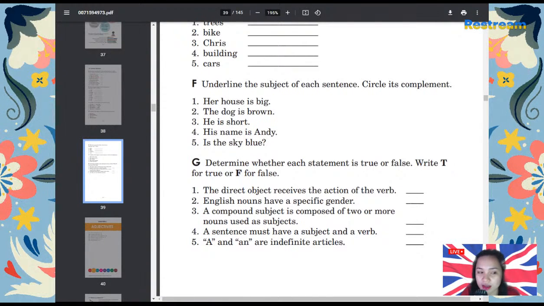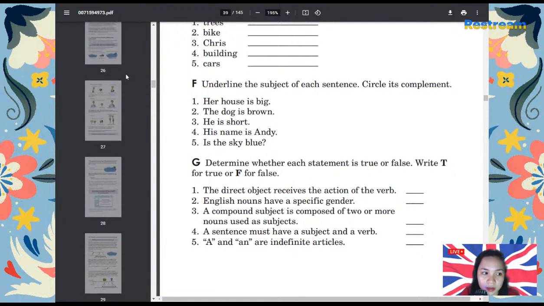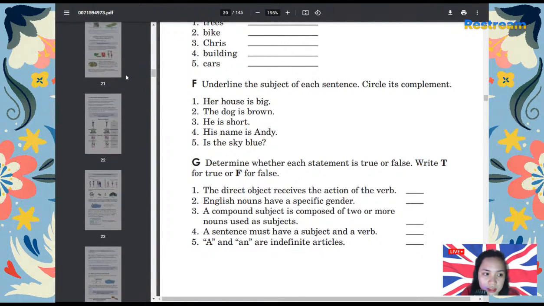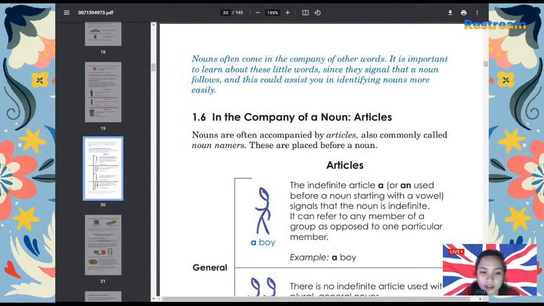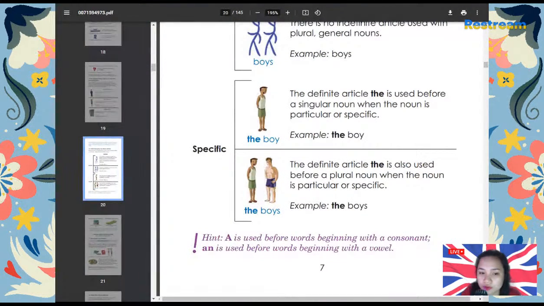You are correct. But let's go back to the article topic. This is the article. So as you can see, a and an are indefinite articles. You're correct. But look here, Dhruv. The article the is a definite article, so it is not part of the indefinite.